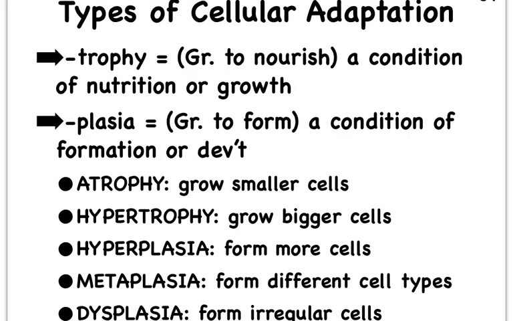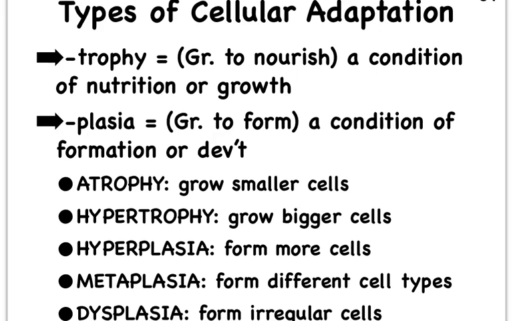When it comes to terminology in cellular adaptations, you're going to see two Greek roots. One is called trophy, and that refers to nourish, while the other one is plasia, which refers to form. I will be honest, these translations don't really make a whole lot of sense, so you're going to have to memorize in English what they truly mean.